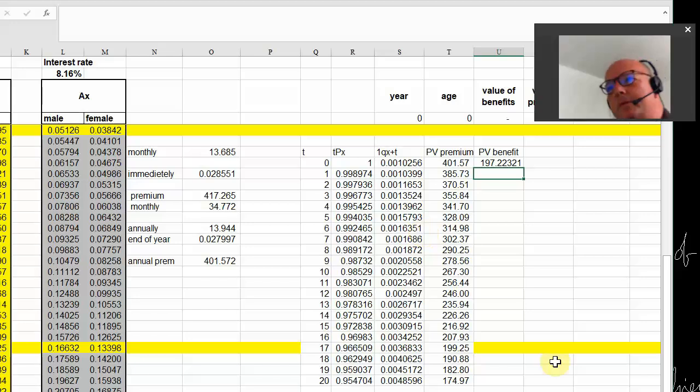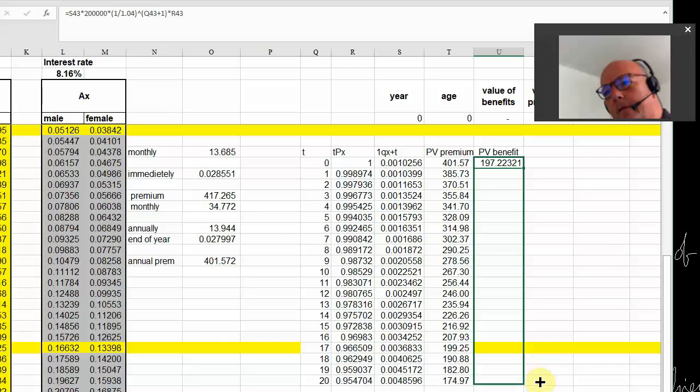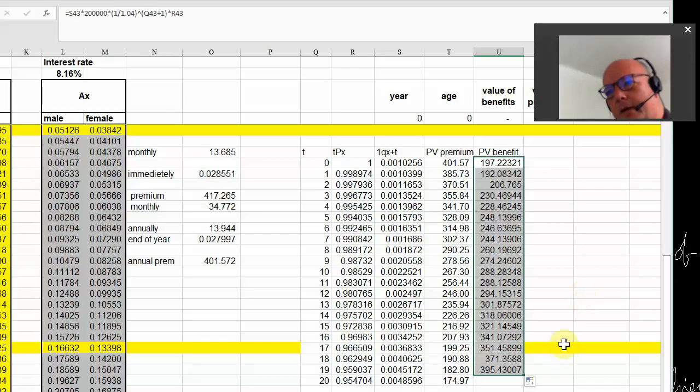Okay, so the present value of the benefit is 197 in the first year, which is basically the probability of dying in the first year, which is that multiplied by the 200,000 multiplied by 1 over 1.04, because you would get that benefit at the end of the year. So the value of that benefit goes up.